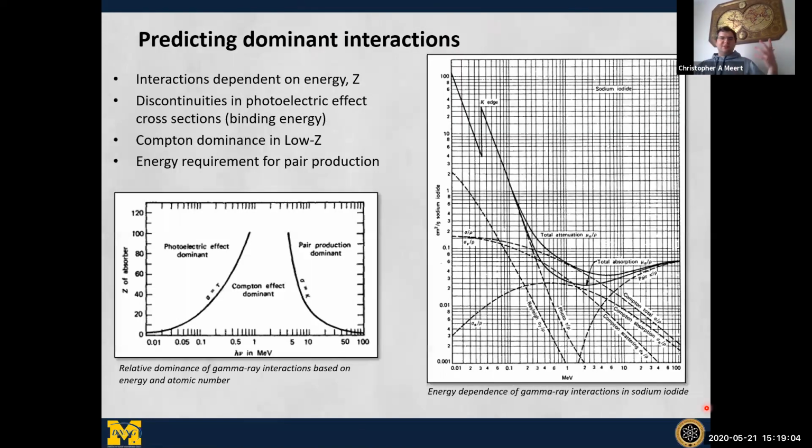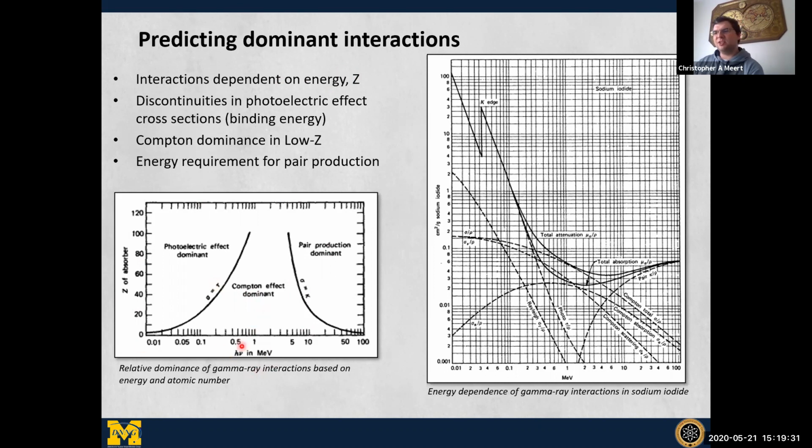So we talked about all these different interactions, but maybe not how they all occur at the same time within shields or material. Just to recall, all these interactions are dependent on the energy of the incident photon and also the atomic number of whatever matter it's interacting with. This plot, again from Knoll, denotes which effect is dominant for each of these domains.